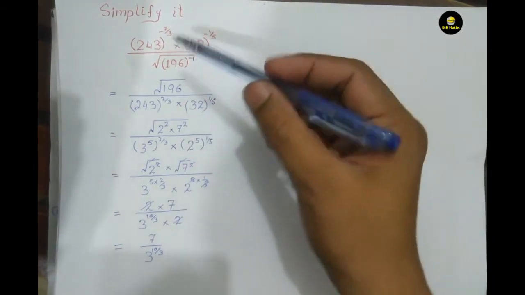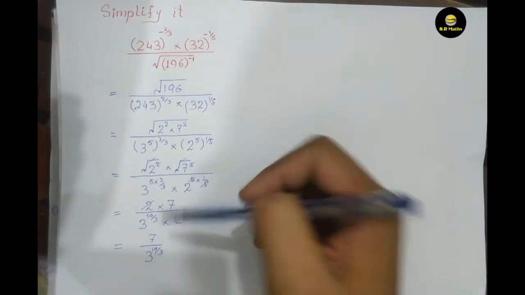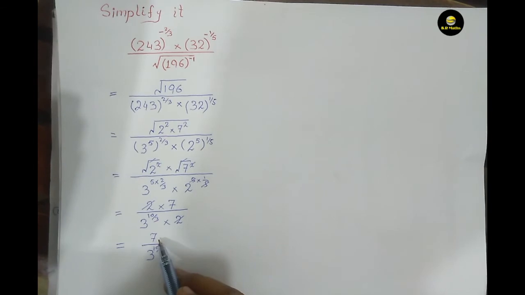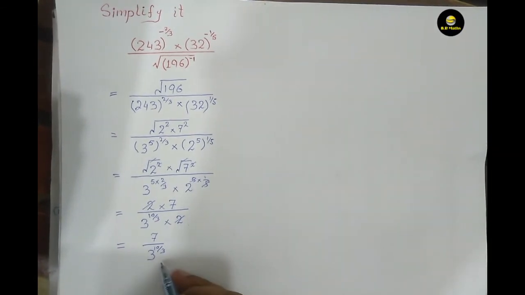You simplify numbers into prime factors, and 7 is a prime number, but 3 raised to power 10 over 3 is not in simplified form.